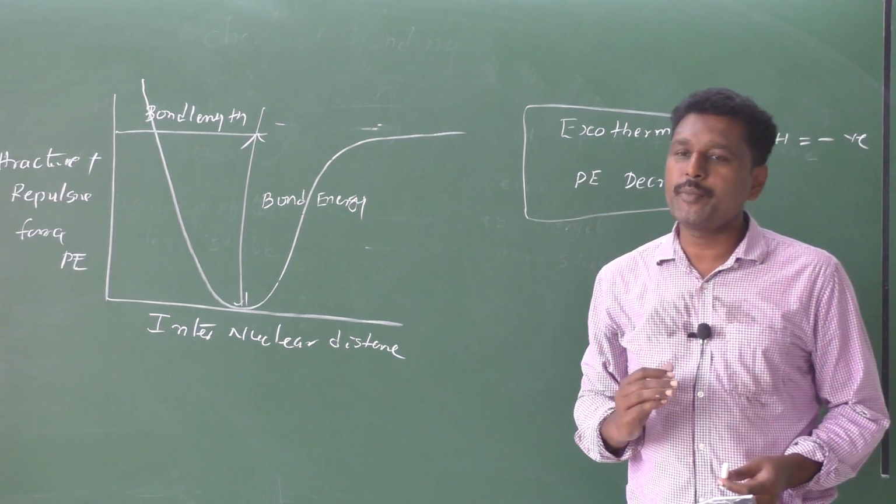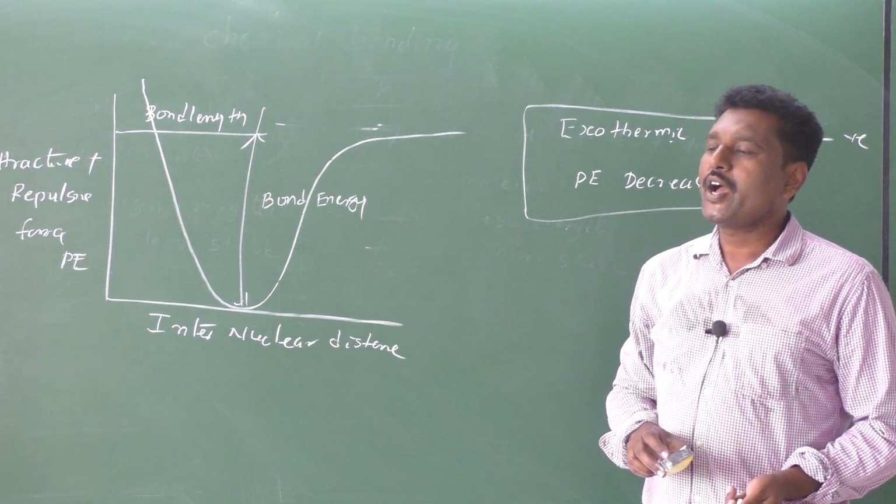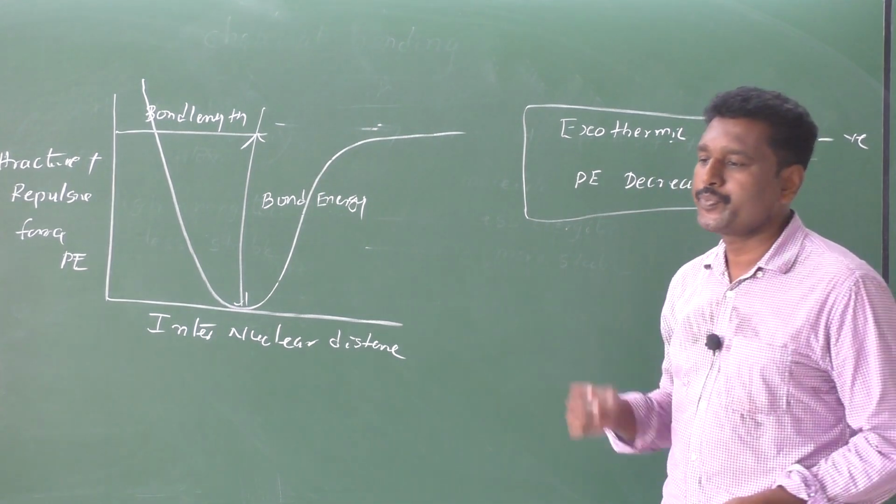Chemical bond formation is explained by one theory. That theory is called valency theory.